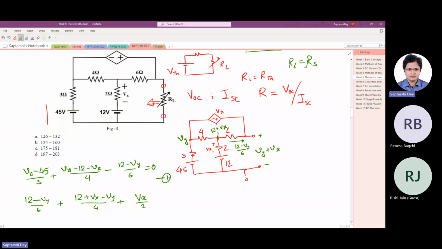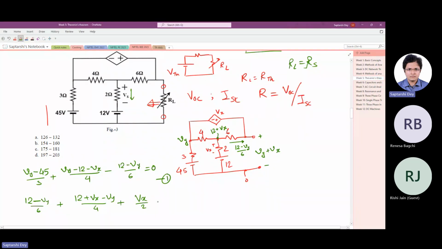Whether it is plus or minus, we are trying to find the current going out. This is in this direction, so the current is going out. Yes, so this equals 0.